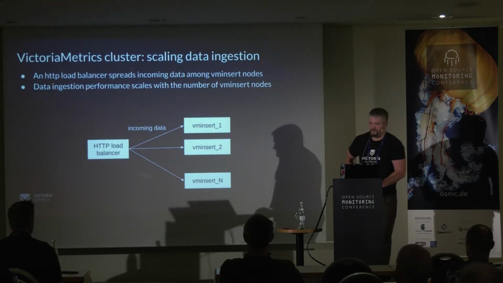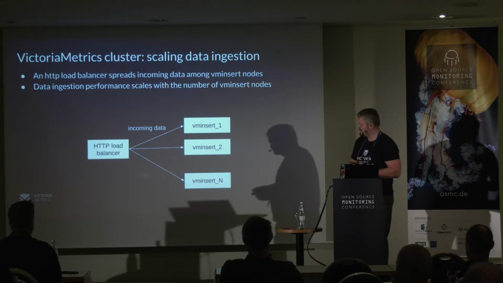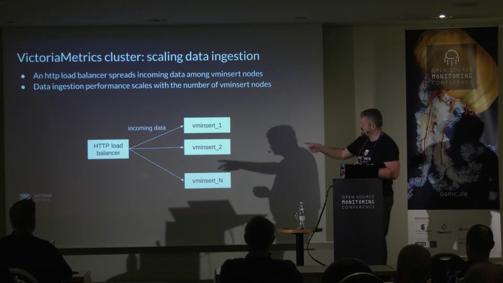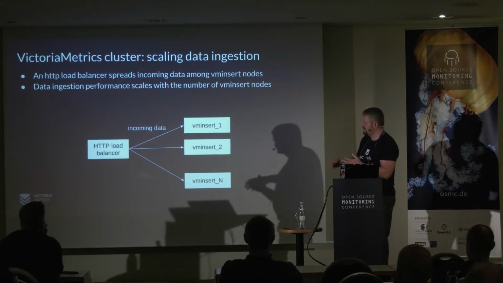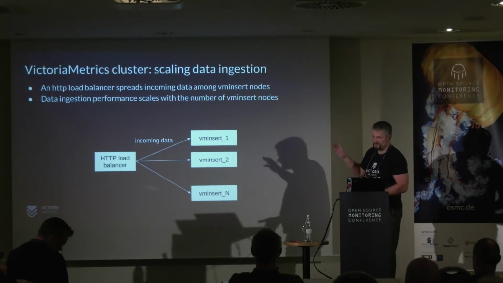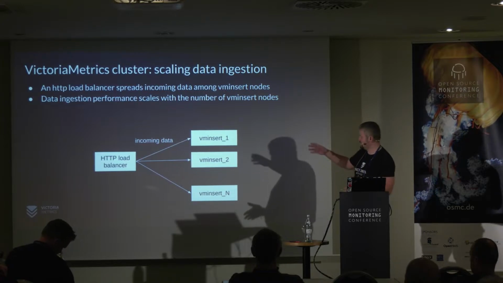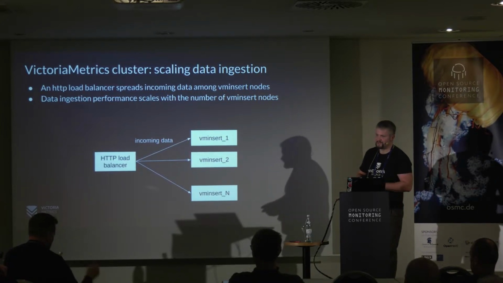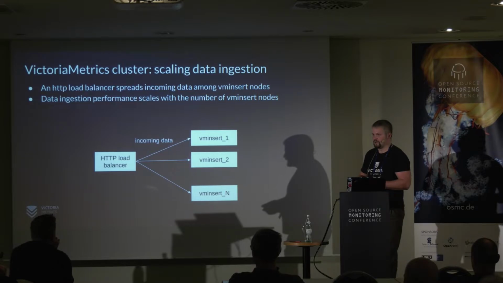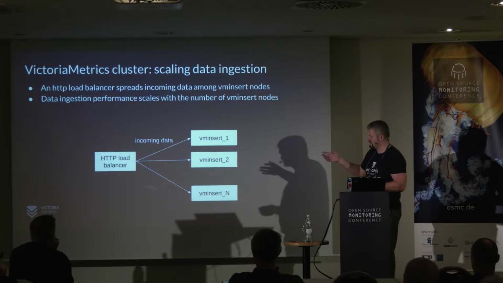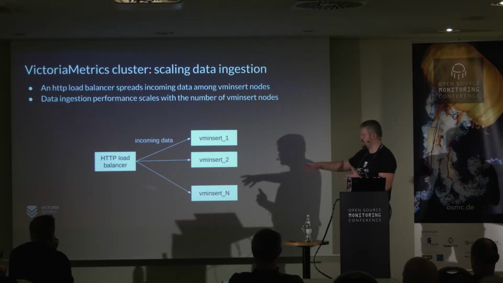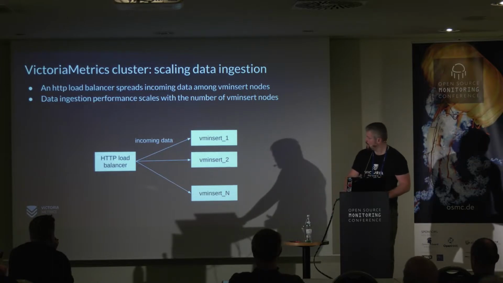Let's look at how VictoriaMetrics cluster scales data ingestion path. As I already said, the data goes through the load balancer, and the load balancer spreads incoming data across available insert nodes. This means that the performance of data ingestion path scales with the number of available insert nodes.